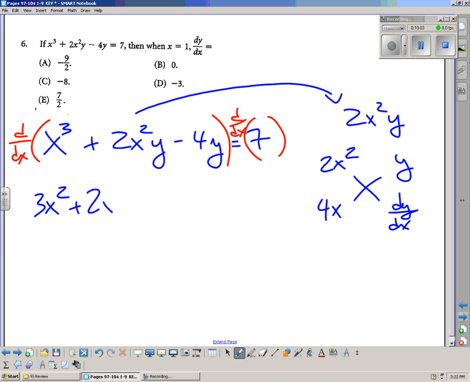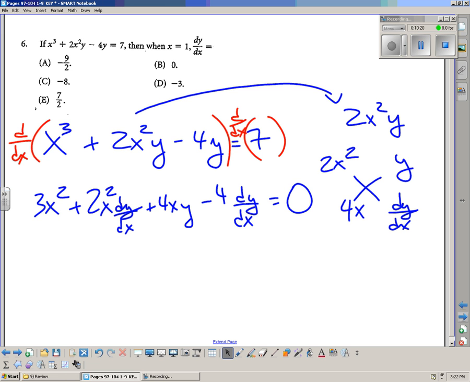So we get 2x squared dy over dx plus 4xy minus 4 dy over dx equals the derivative of 7, which is 0. I want to have my dy dx's on one side.